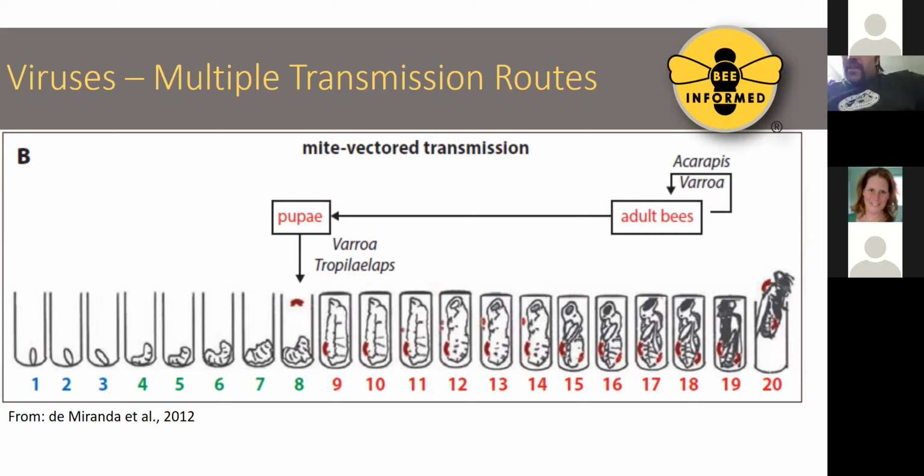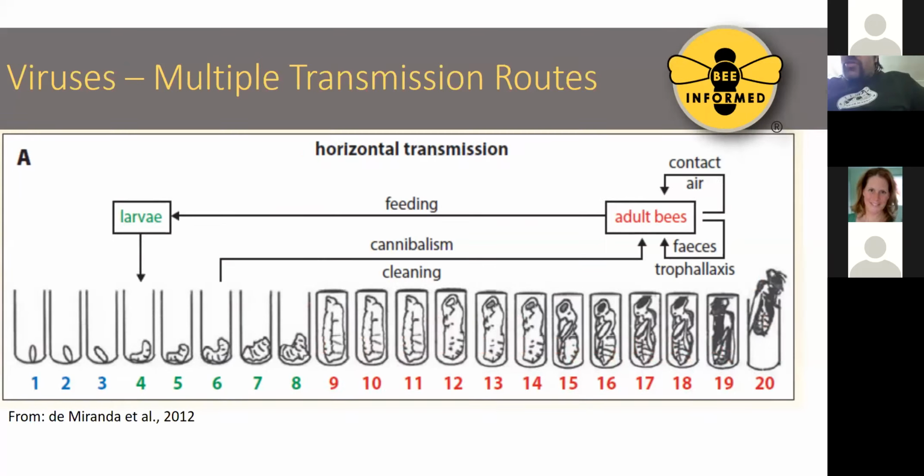And in this slide, you can see the different ways that the viruses are transmitted. The top one is showing from larva to adult bee, and then you could have cannibalism and feces being a way it's transmitted. In the next few slides, I'll show some more of the transmission.